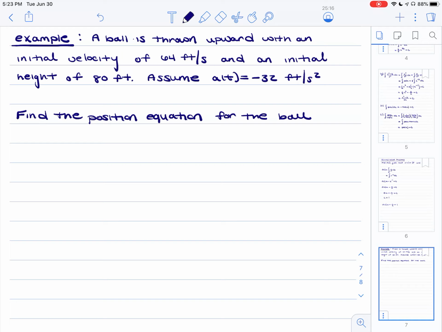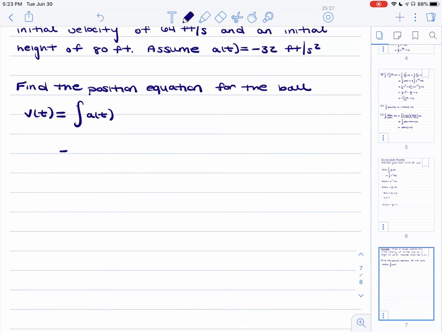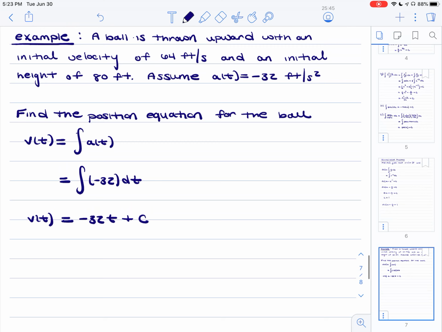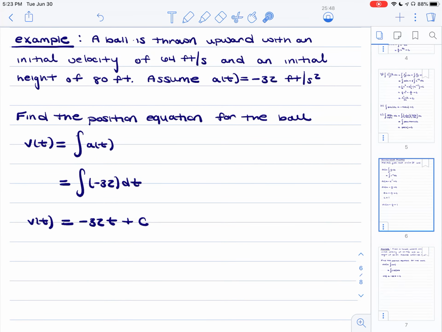All right, so first of all, the velocity would come from taking the integral of acceleration, which is just the integral of negative 32 dt. And that would just be negative 32t plus c. Now again, we can find that c value given our initial information here.